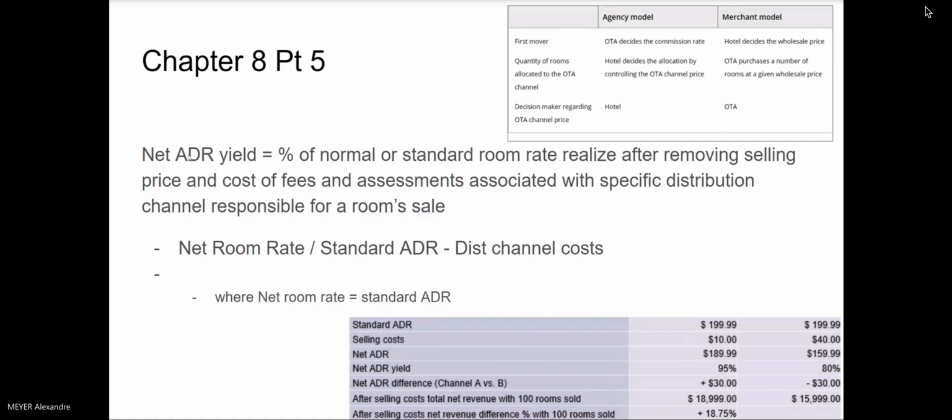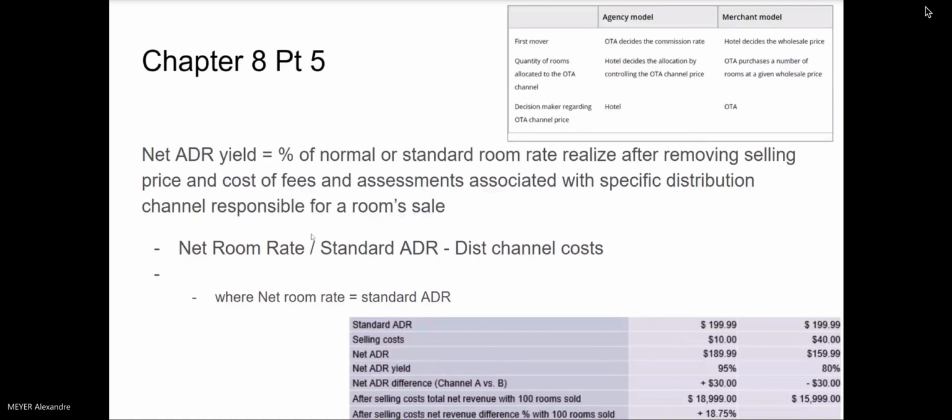Moving on to net ADR yield. Essentially, net ADR yield is the percentage of the normal or standard room rate that is realized after removing the selling price and cost of fees and assessments associated with the specific distribution channel responsible for room sales. In other words, to calculate the net room rate, the net room rate is equal to the standard ADR minus the distribution costs.